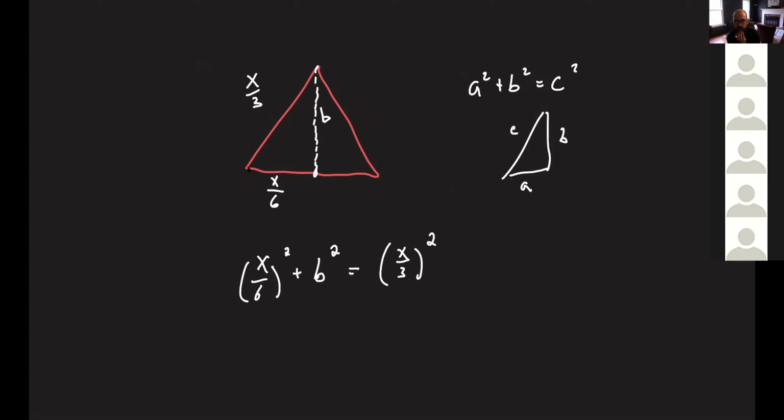Something like this. Yeah, looks good. Okay. So then let's do this out. What happens here, right? So you get b squared is this thing on the right. This becomes x squared over 9, and then x over 6 squared is x squared over 36. Okay.